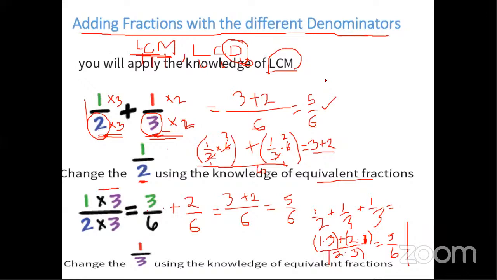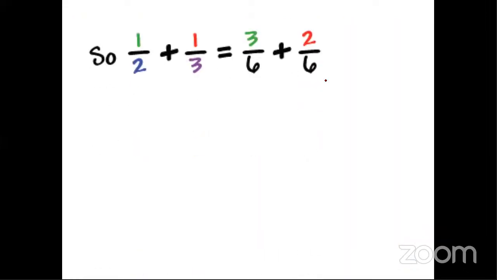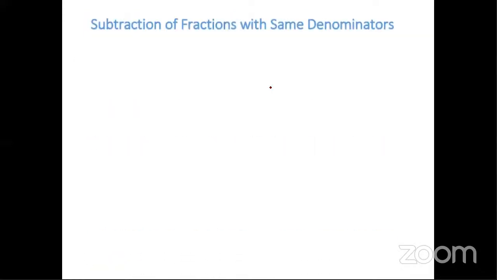Very good. Let's try to check on another. Now, we've added fractions. We are still adding fractions with different denominators. We said we are applying the LCM knowledge. Now, let's move to the bit of subtraction. We've seen addition. Before we leave addition, when you are adding, you have different methods. One is the LCM, the lowest common multiple.